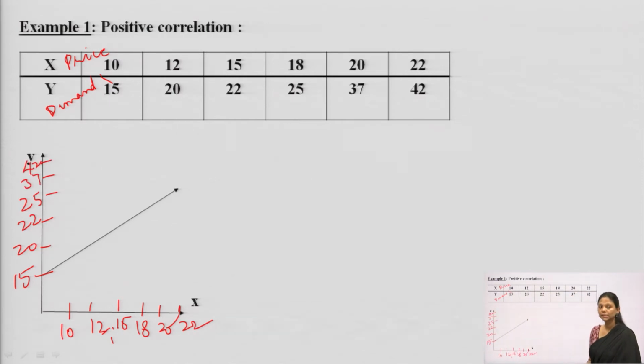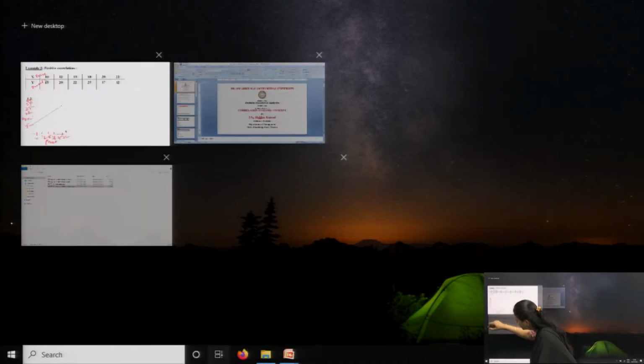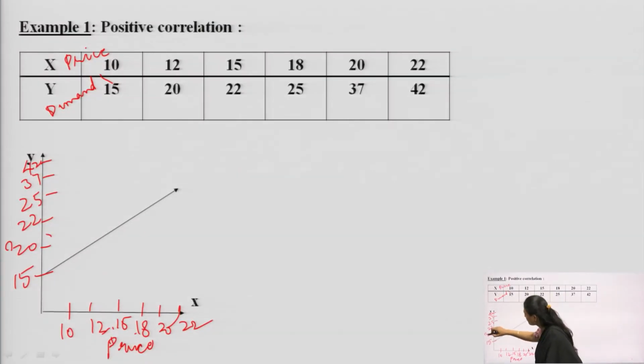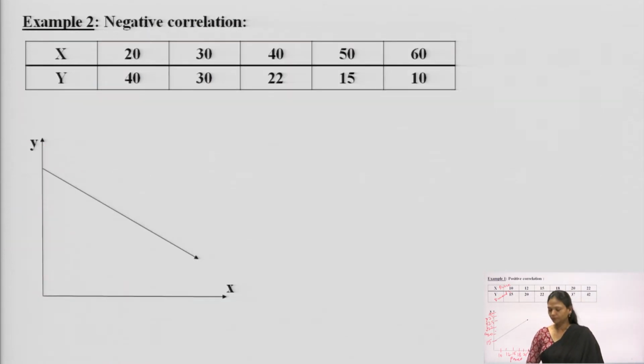Therefore, we can say as the price of the commodity onto the x axis is increasing, the demand for the commodity onto the y axis is also increasing. This is telling you about the positive correlation.